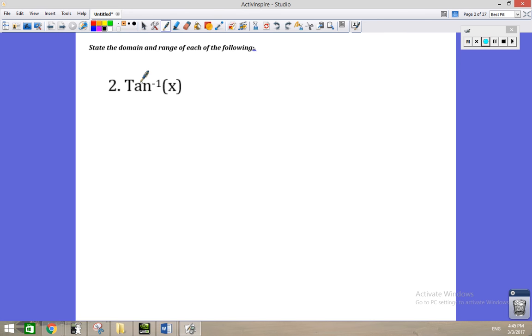Alright, for the inverse tangent, the range used to be all real numbers, so now the domain is all real numbers.